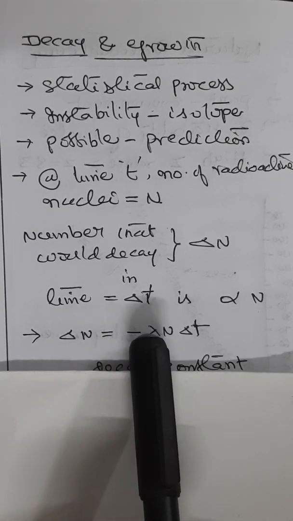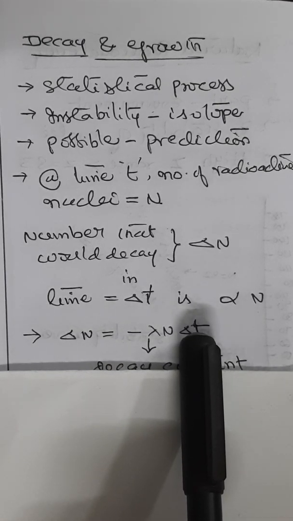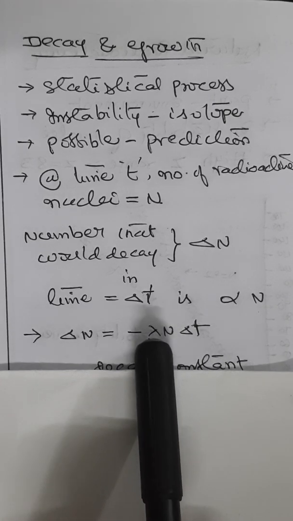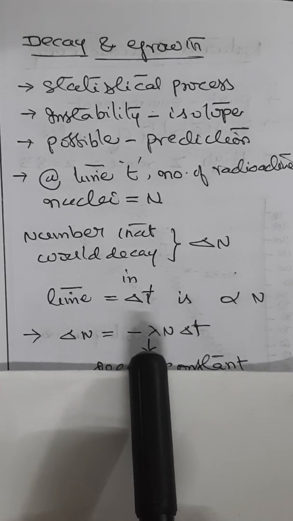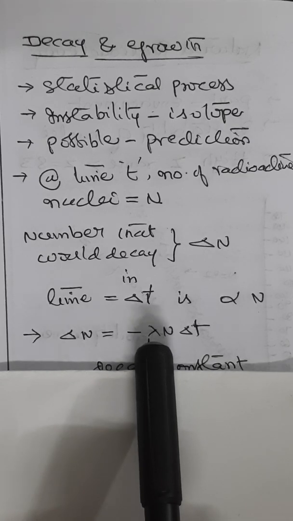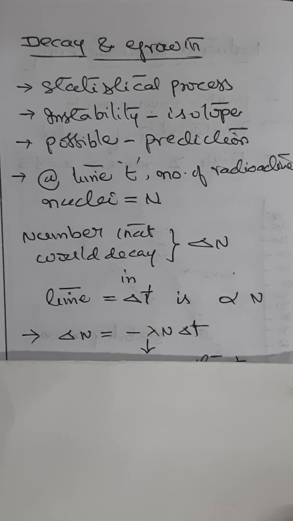So from that we can say delta N is equal to minus lambda N delta t. Here lambda is the constant of proportionality called the decay constant.